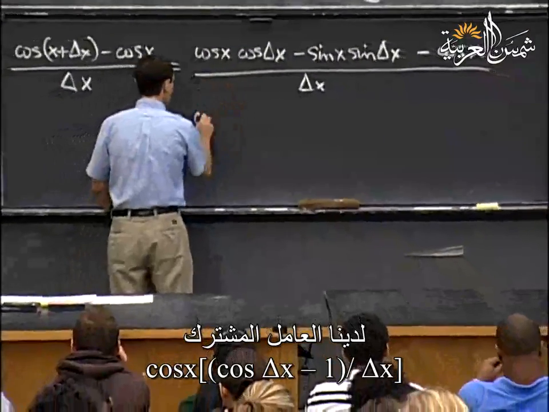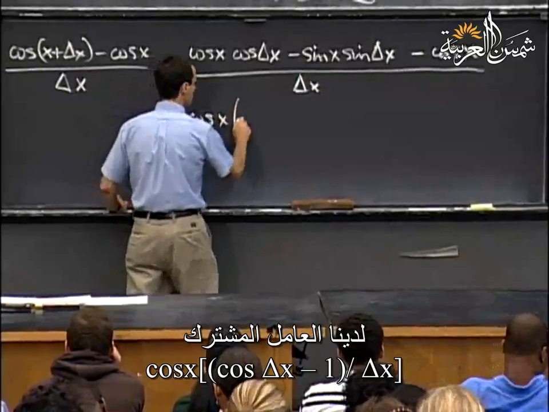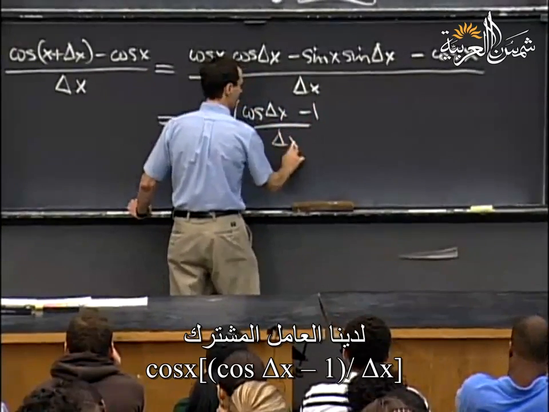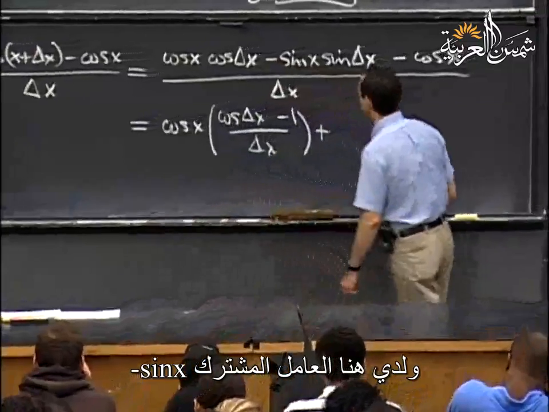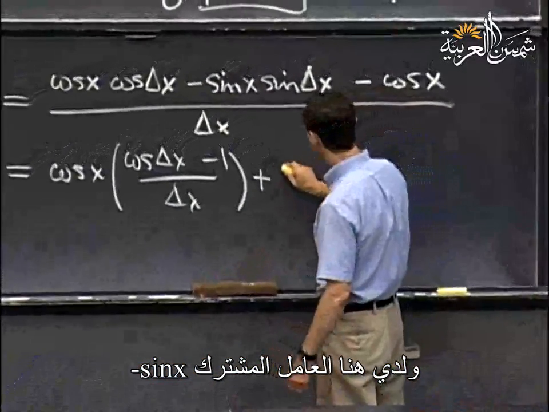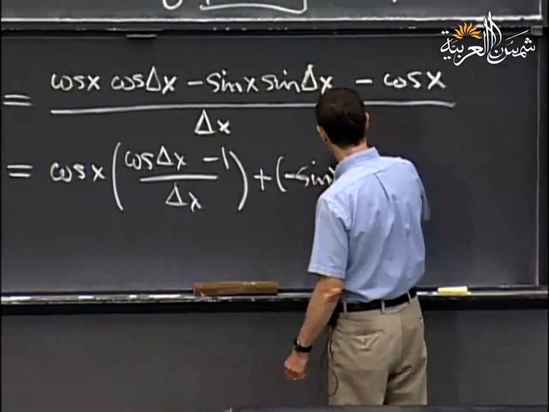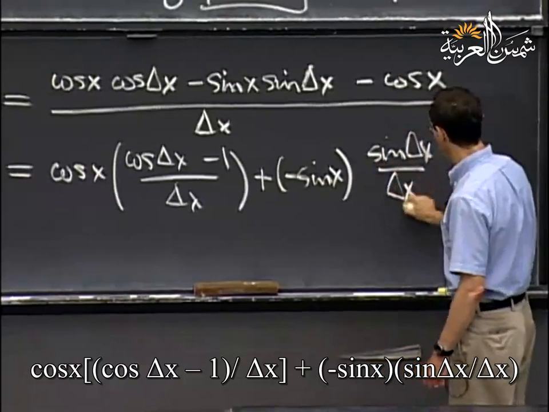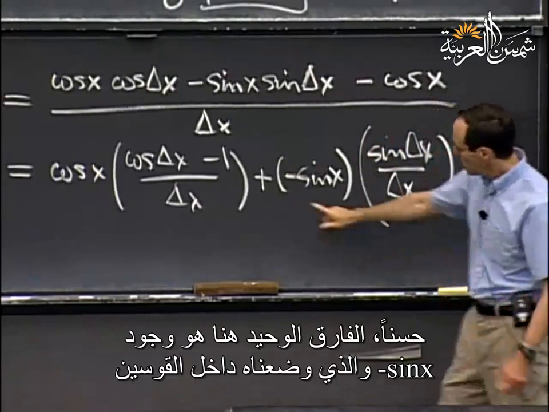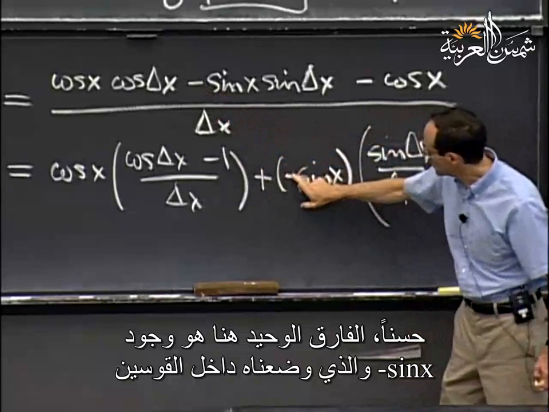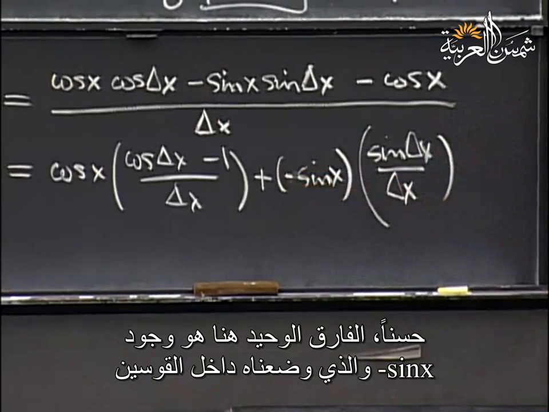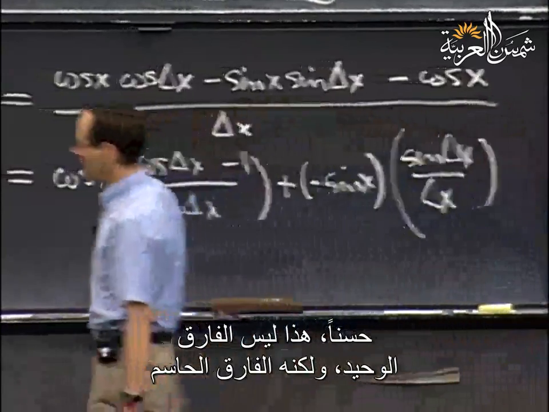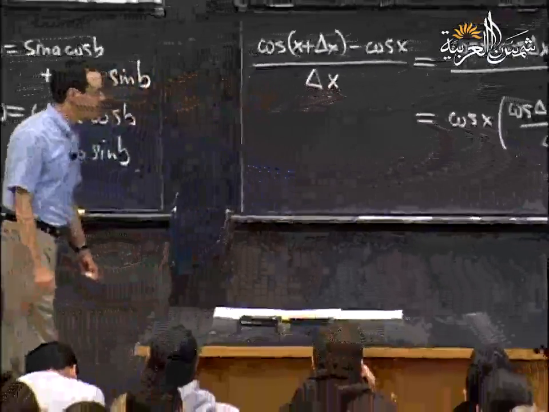And I get the common factor of cosine x multiplying cosine delta x minus 1 divided by delta x. And here I get the sine x, but actually it's minus sine x. And then I have sine delta x divided by delta x. All right? The only difference is this minus sign, which I stuck inside there. Well, that's not the only difference, but it's a crucial difference.